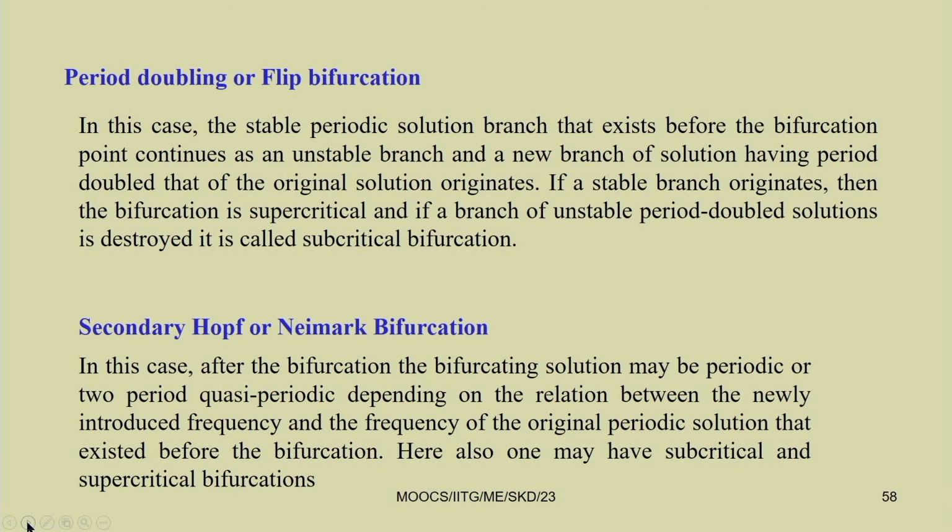We can also have the secondary Hopf or Neimark bifurcation, where after the bifurcation the solution may be periodic or quasi periodic, depending on the relation between the newly introduced frequency and the frequency of the original periodic solution. Here also one may have subcritical or supercritical bifurcation. In this way, you can have different bifurcations in the case of periodic solutions also.